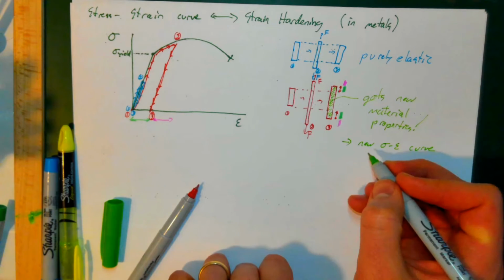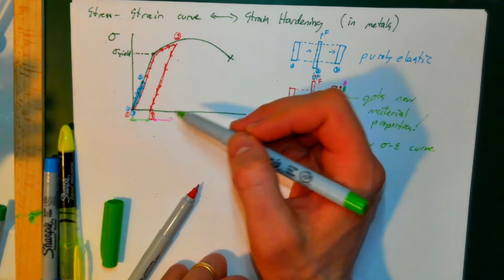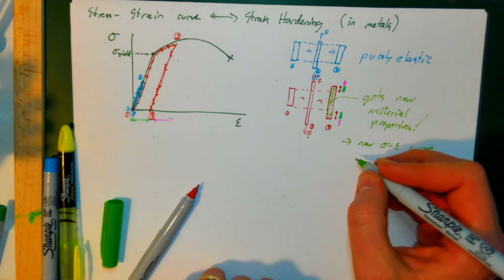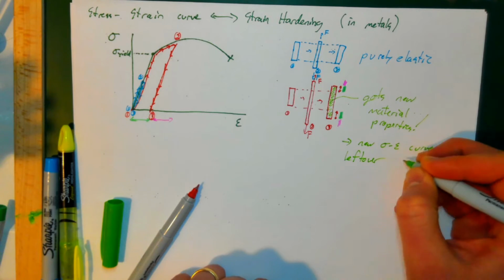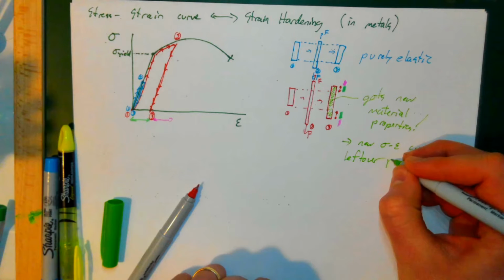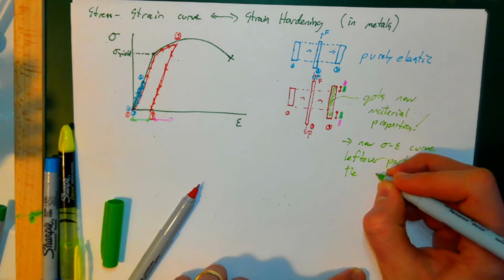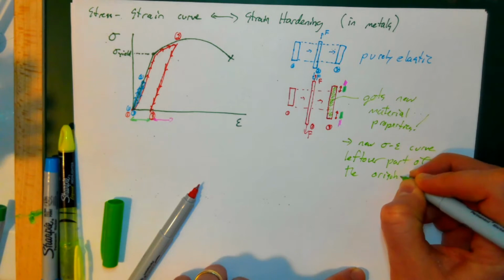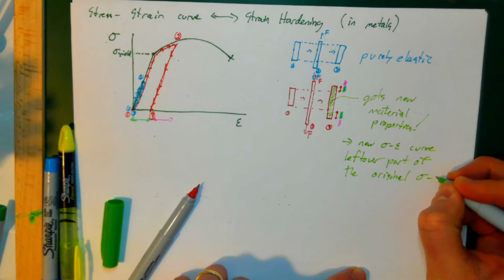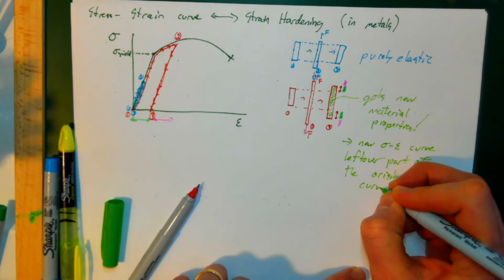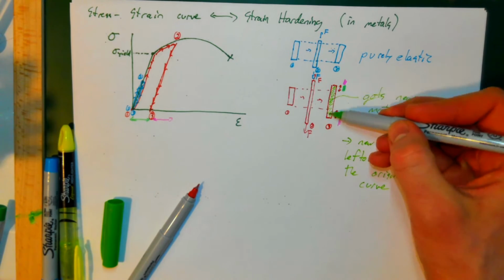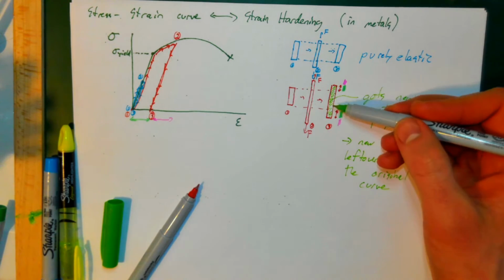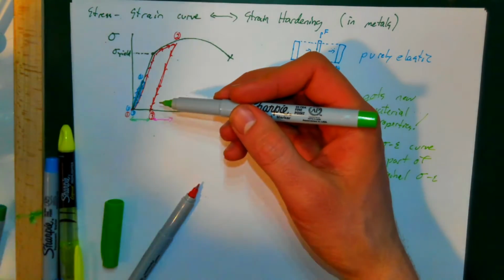It turns out it's not precisely this, but for all intents and purposes, it's basically the leftover part of the original stress strain curve. So what does that mean? That basically means that we've essentially changed the material properties of this right here.